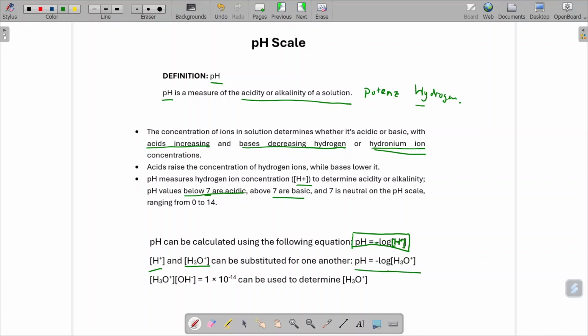We can say that the pH is the negative log of the hydronium concentration. In water at 25 degrees, in neutral pH with pure water, we see that the product of the hydronium concentration and the hydroxide concentration has a specific value, 1 times 10 to the minus 14. And this can be used to determine our hydronium concentration.